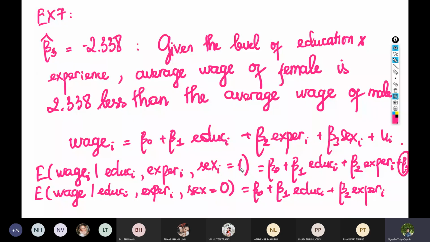Or we can say that gender, represented by sex here, the dummy variable, has an effect on the level of wage. So the coefficient on the dummy variable just tells you whether the qualitative variable represented by the dummy variable has an effect on the dependent variable.